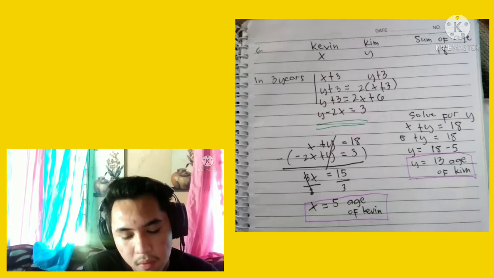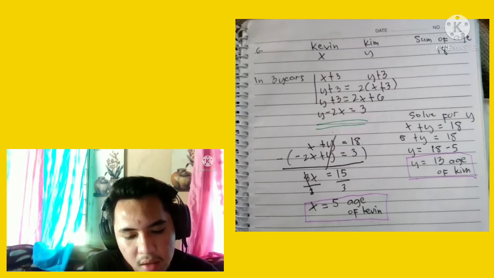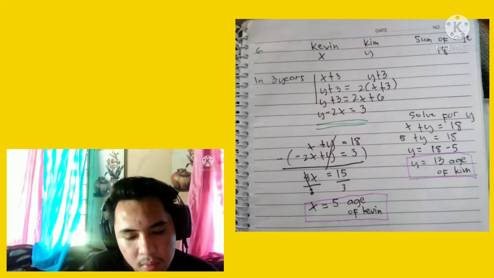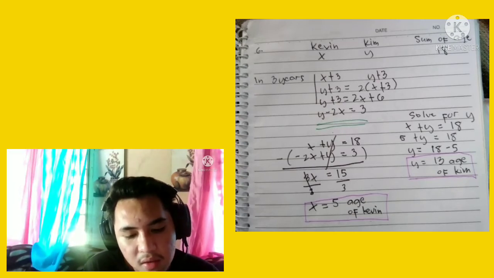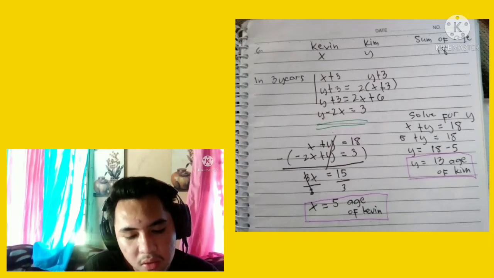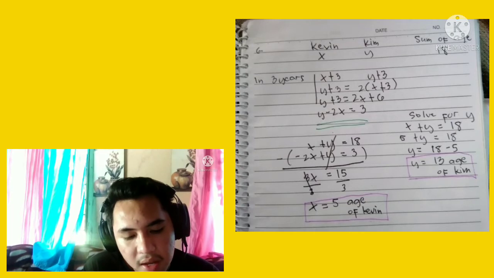So we can now cancel our y, and we will get negative x equals negative 18 and negative 2x equals 3. So now we can add: x plus our negative 2x, multiplied by negative, so we will get positive.